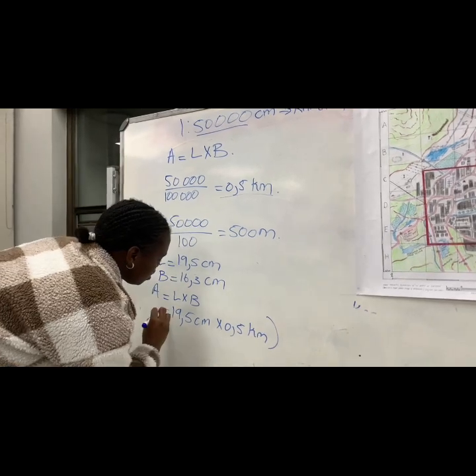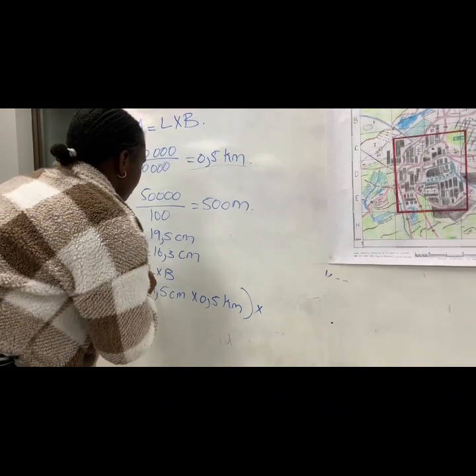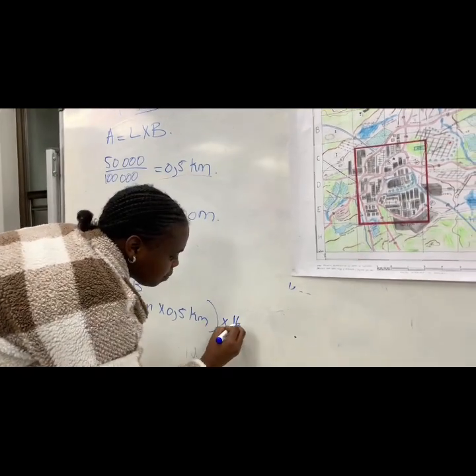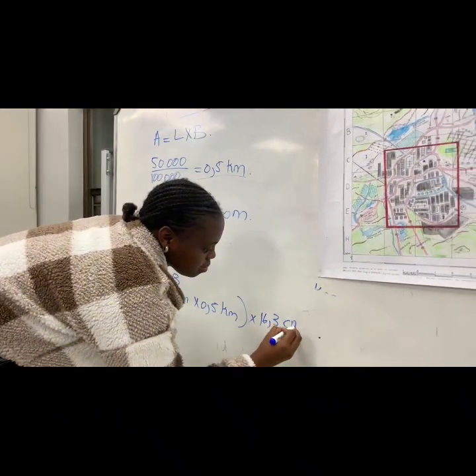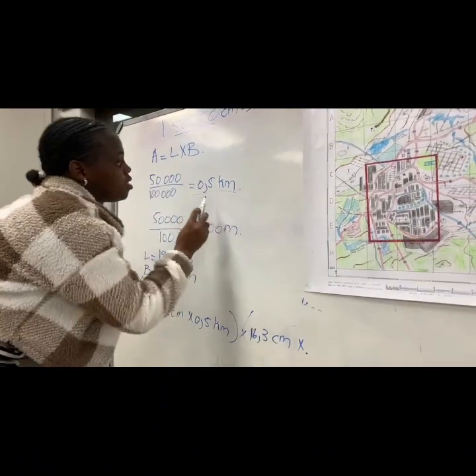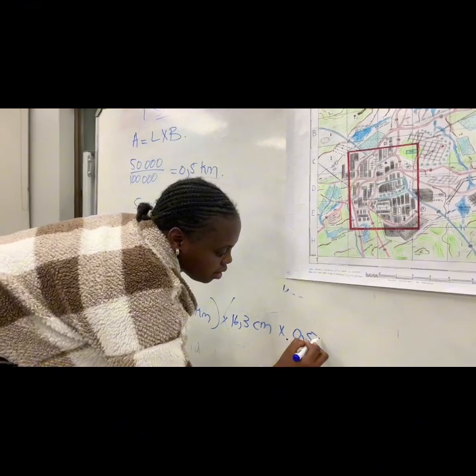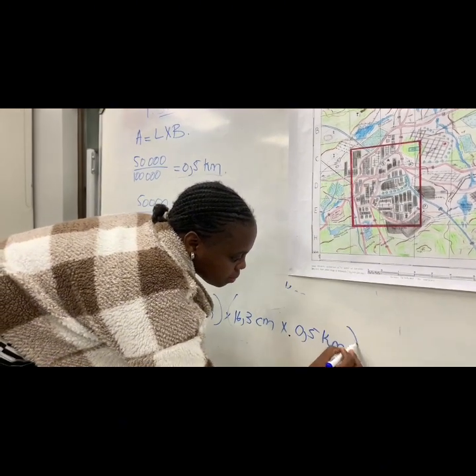Then you close your brackets, times the breadth 16.3 centimeters, multiplied by 0.5 kilometers.